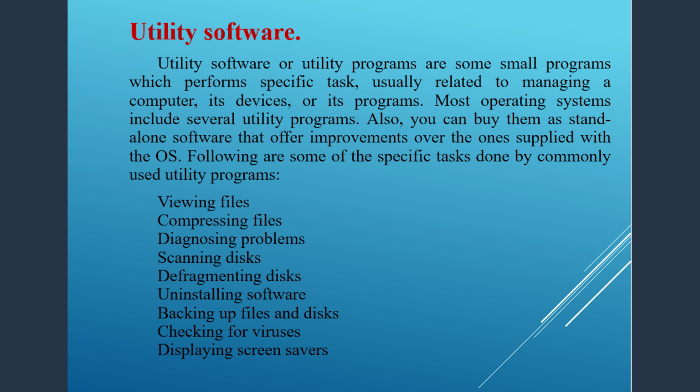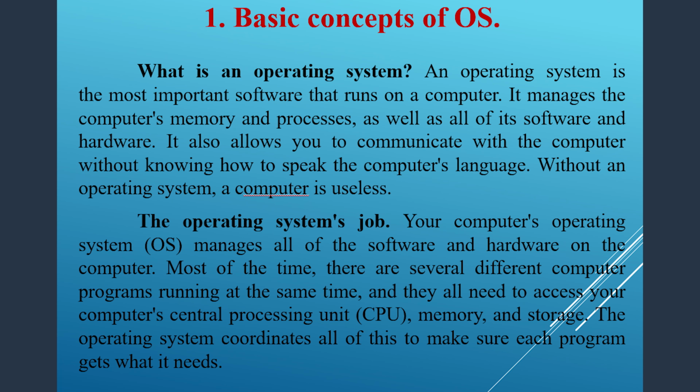For example, Microsoft DOS is an example of a single-user single-task operating system. Multi-user operating systems: in some situations we need to share a single computer among a few users. So this is called a multi-user operating system.